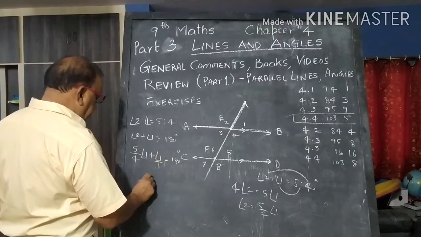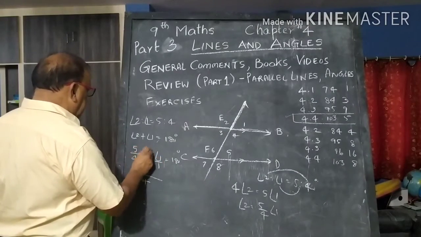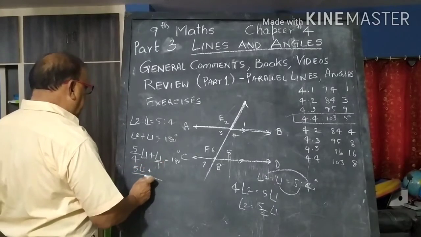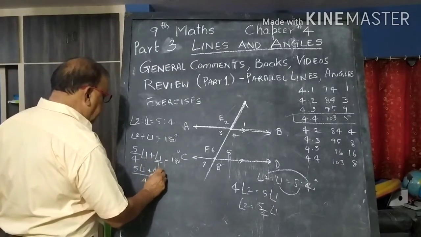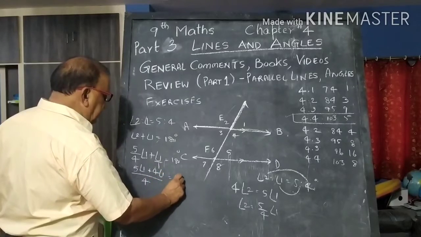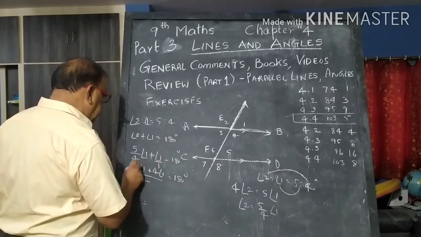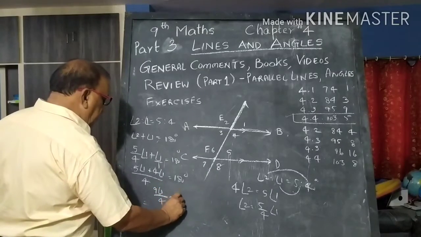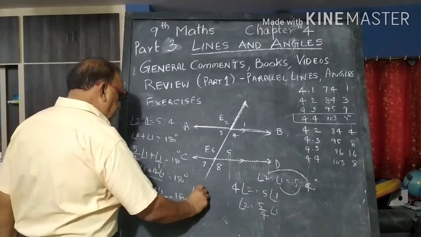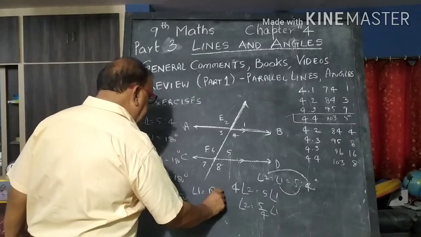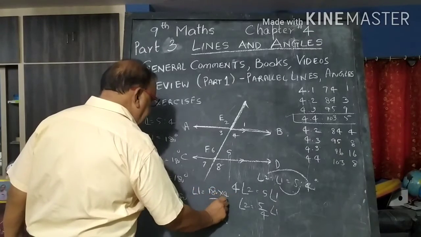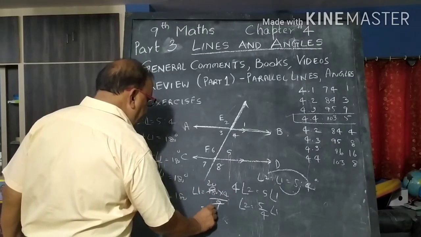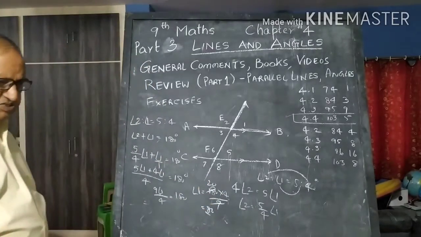Putting the LCM 4, this becomes 5 times angle 1 plus 4 angle 1 is equal to 180 degrees. So 9 times angle 1 by 4 is equal to 180. Therefore, angle 1 is equal to 180 into 4 by 9. 20 times 4 is 80. So angle 1 is 80 degrees.